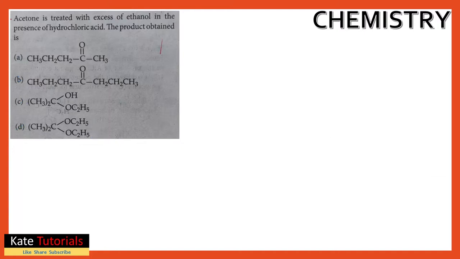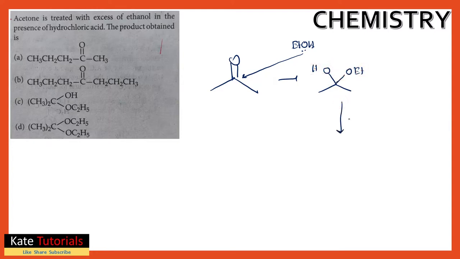Otherwise, the shortcut trick is this: if we have a ketone and I take ethanol, I can write it as EtOH. This O will attack this carbon, and this H will go here. Simply you can write OH and OEt. If I have excess of EtOH in the presence of HCl, this OEt attacks this carbon and the H takes this OH as water.